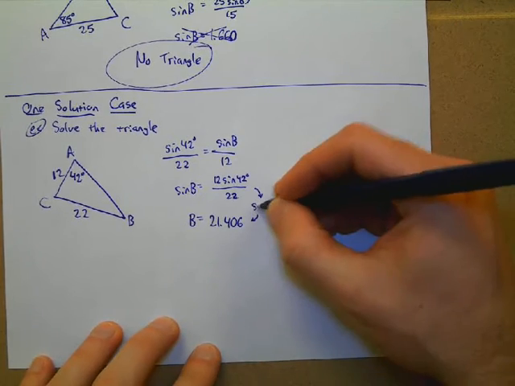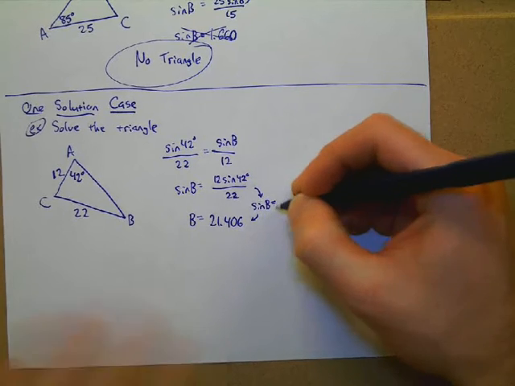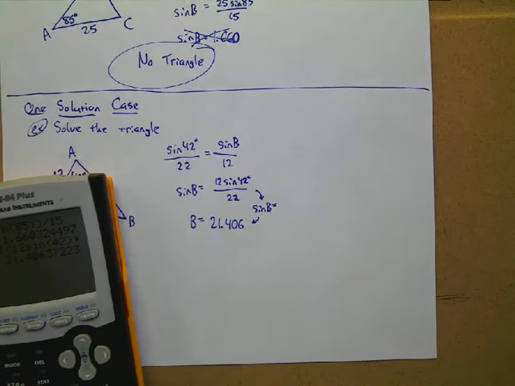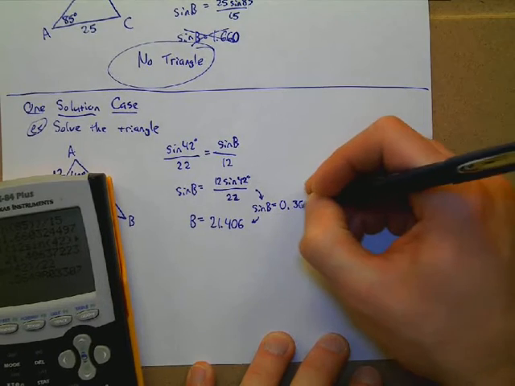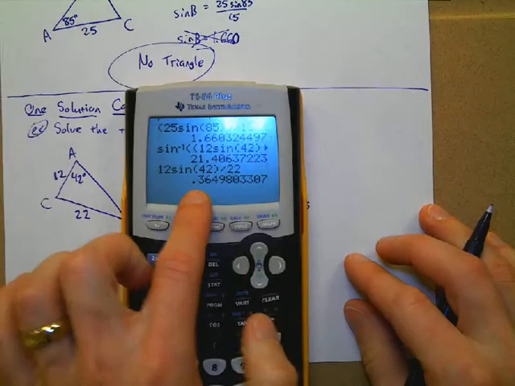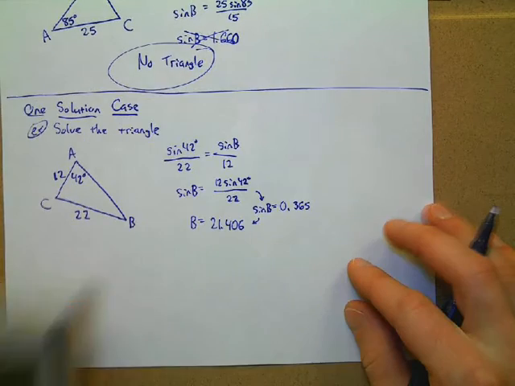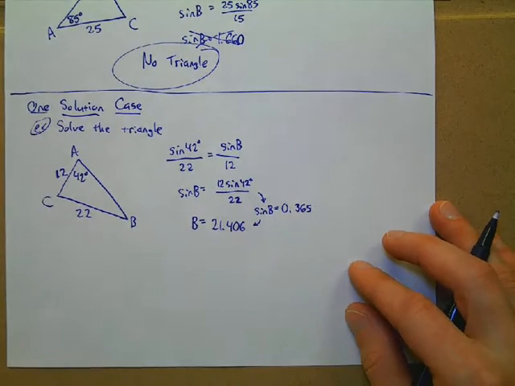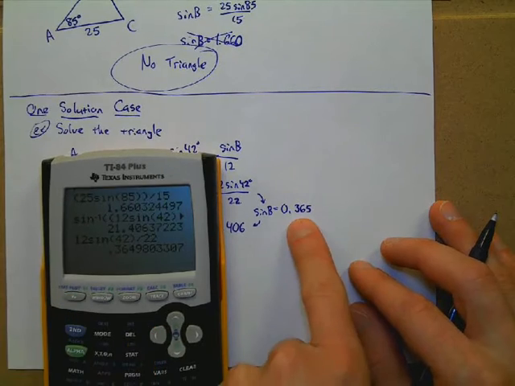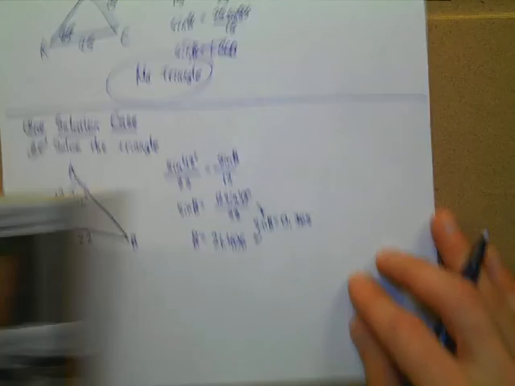So it would be about 0.365, rounded from 0.36498. That's between -1 and 1, unlike the earlier one, which was beyond that. Taking the arcsine of 0.365, you get 21.407 in this case, because I had to round it. But there it is.